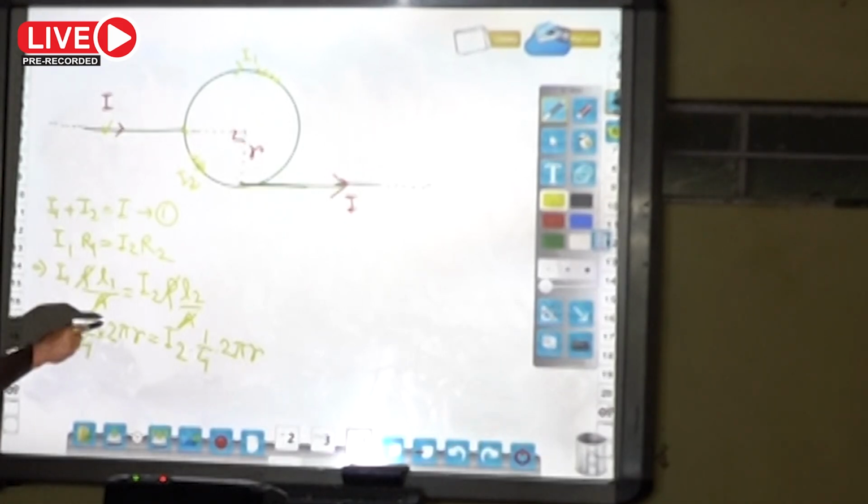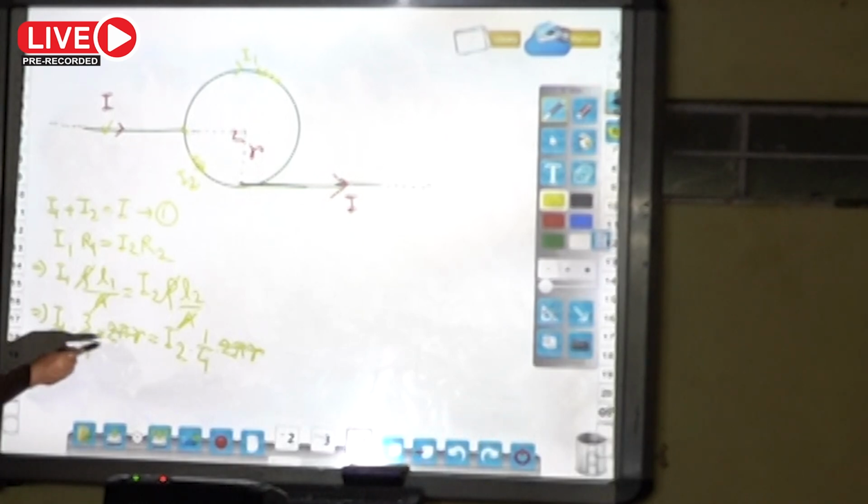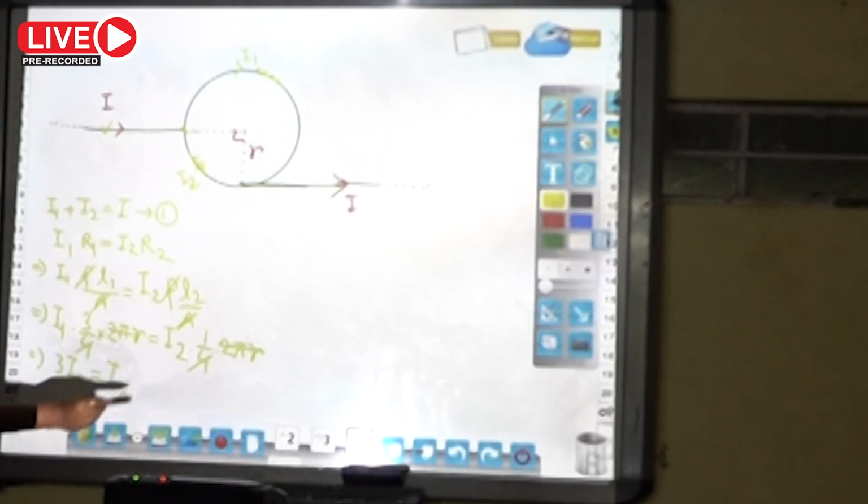Now 2 pi r will cancel, the 4 will cancel, so I can write 3 I1 equal to I2.